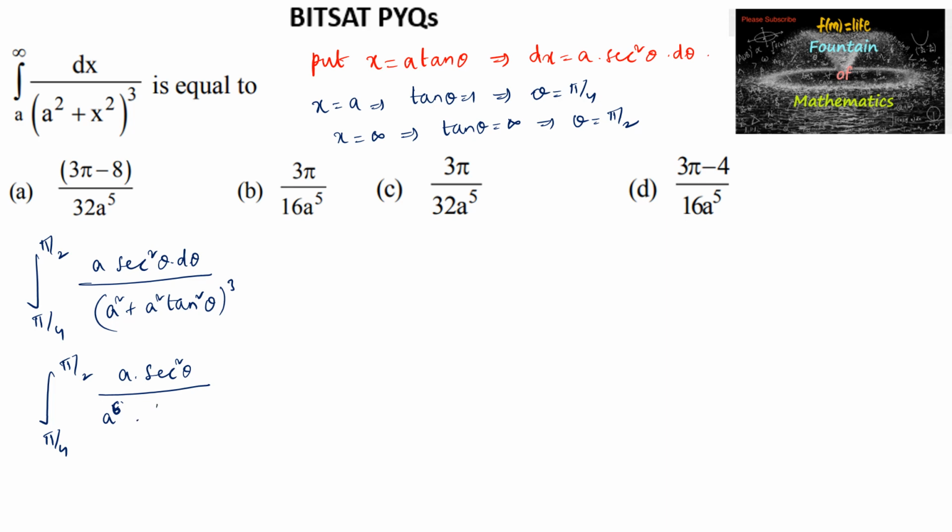So 1 plus tan square is secant square theta whole power 3, that is secant power 6 theta d theta. So on simplification, 1 upon a power 5 integral pi by 4 to pi by 2, and here we will get 1 upon secant power 4, that is cos to the power of 4 theta.